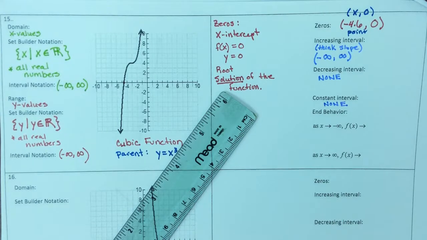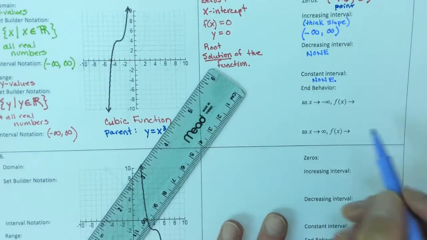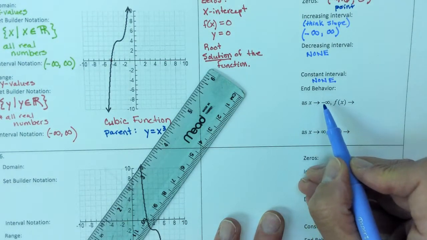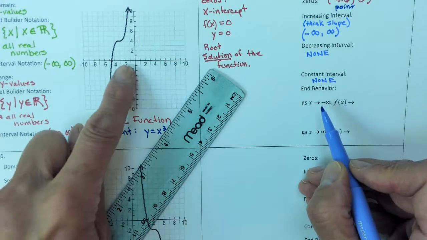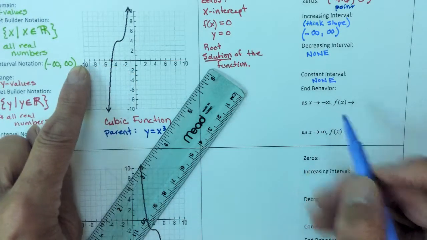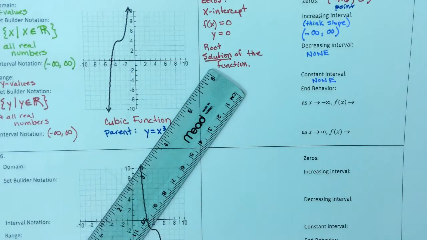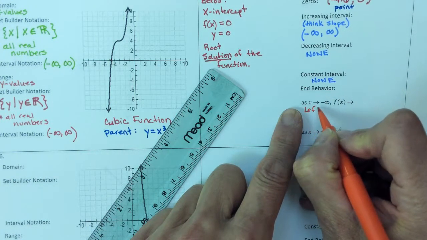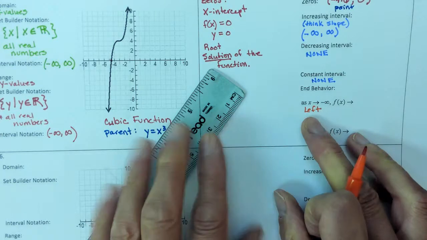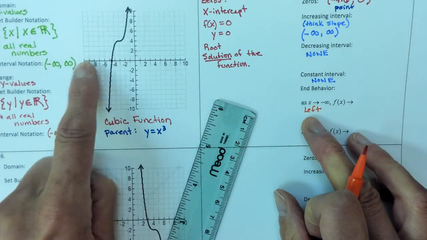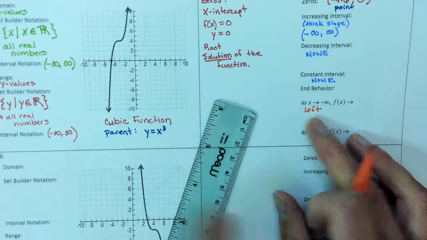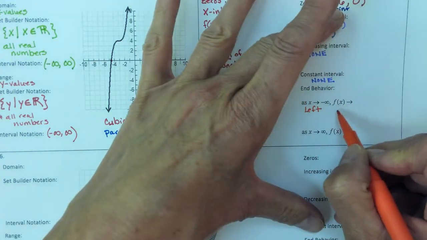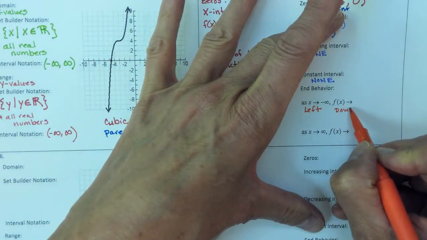So let's look at end behavior. When we look here, this means as x is going to negative infinity. Well, where does x go to negative infinity? That's to the left. So on the left side. What's happening on the left side? On the left side, my function is going down.